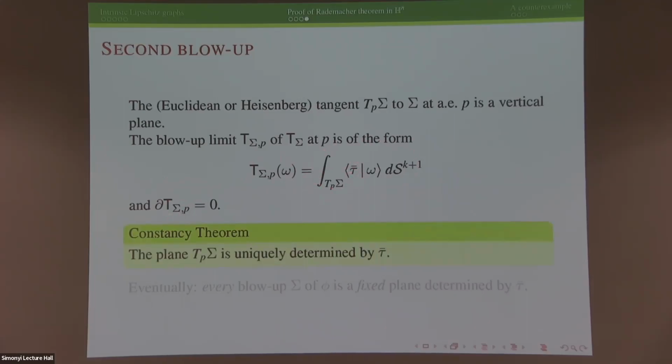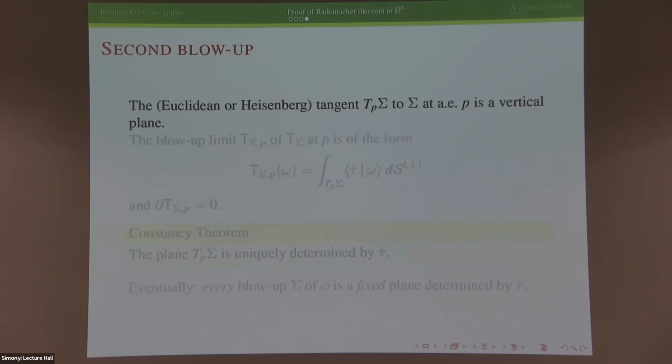In the classical Euclidean case, there is a Constancy Theorem that tells you that if you want this current to be boundaryless, then this tau bar is forced to be the tangent multivector to this plane. In Heisenberg, I proved a suitable version of this Constancy Theorem, which for our problem tells us that the tangent plane is uniquely determined by tau bar itself.